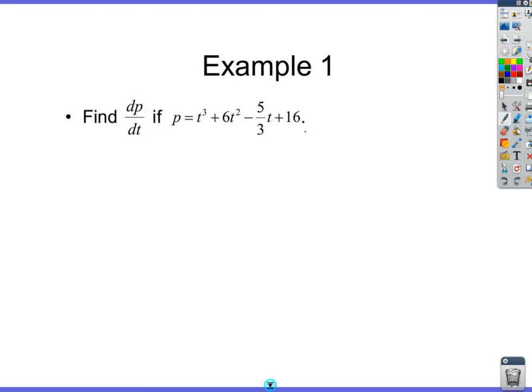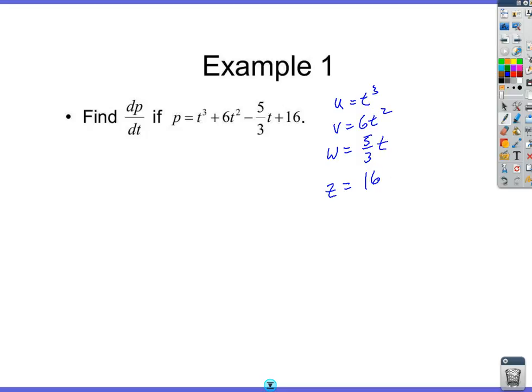So I can say that u is equal to t cubed, v is equal to c t squared, and w is equal to 5/3 t. And what's a good one here? I don't want to use x, y, or z. Let's use only z is equal to 16.